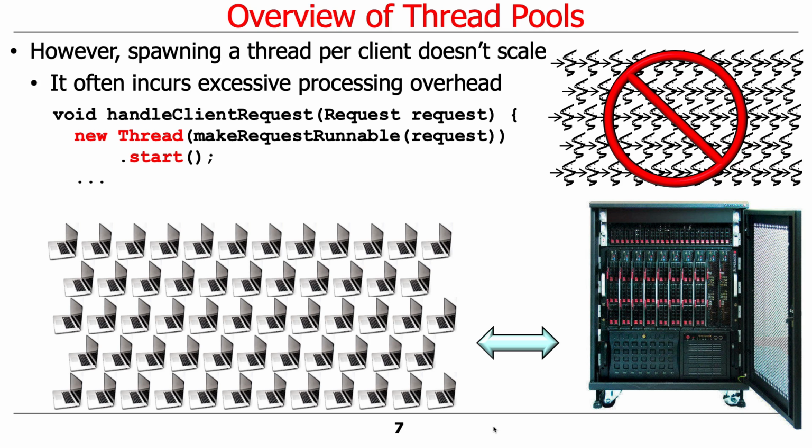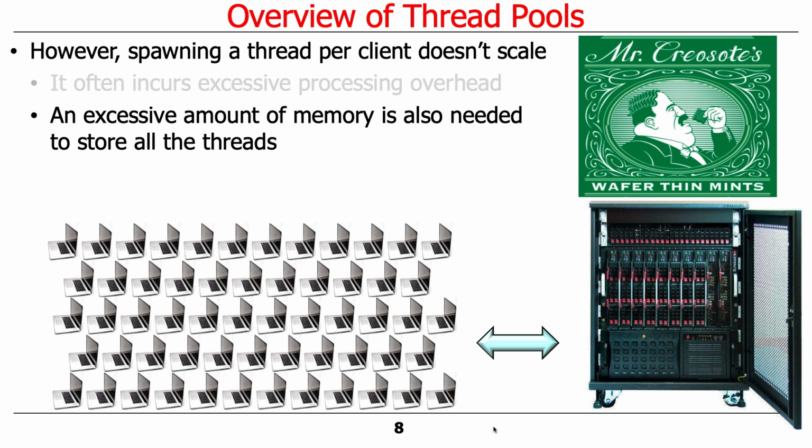Here's what such a program might look like. Were you to do it this incorrect and non-scalable way, you would have a method called handle client request that would be called back when a client request came in. And what you would do here is you would make a request runnable for that request, and you would start a thread. And that would very quickly spiral out of control.